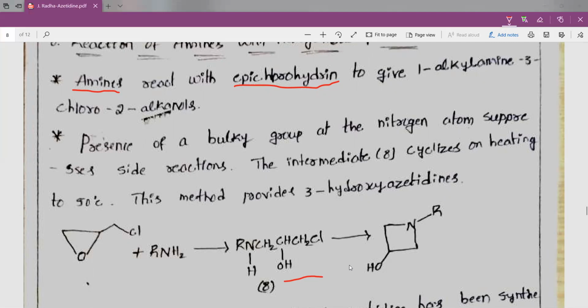Here the chlorine is removed and the nitrogen atom will attack as a base. This hydrogen goes out as H plus, leaving the electrons on the nitrogen, forming 3-hydroxyazetidines.